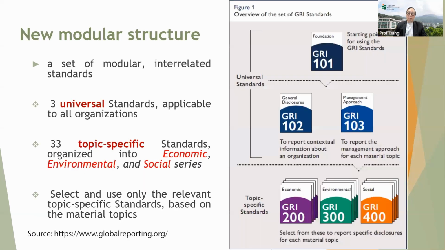It's based on a modular system. We have 3 universal modules and then 3 independent modules based on social, environmental, and then the economic dimension. Now, institutions in joining this reporting system will have to report on all these modules.